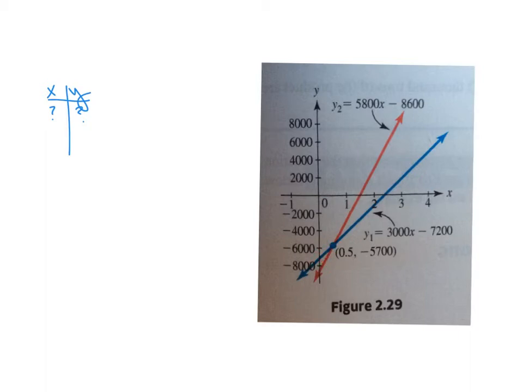Now, if you want an exact answer, you're going to have to use substitution or elimination, and we'll get into that in a minute. First of all, I want to look at example 1 on break even. A company is said to break even from the production and sale of a product if the total revenue, and if you remember, total revenue is the amount of money that a product is sold for, equals the total cost.